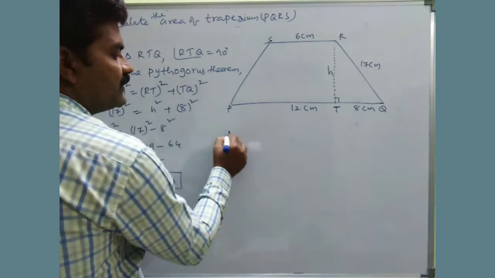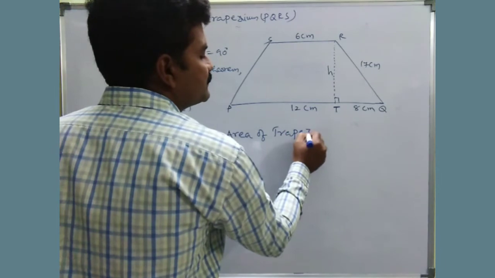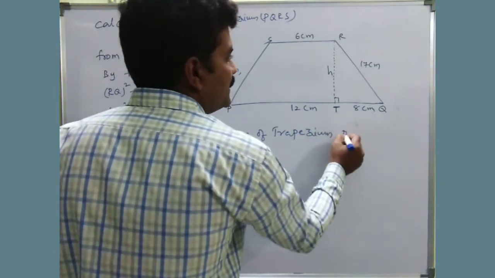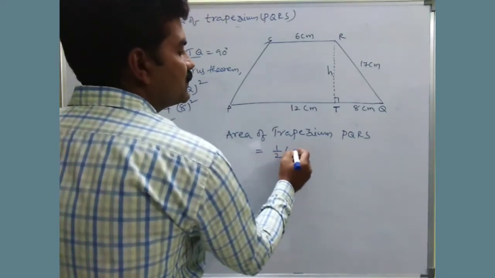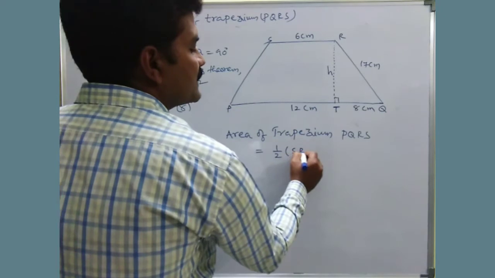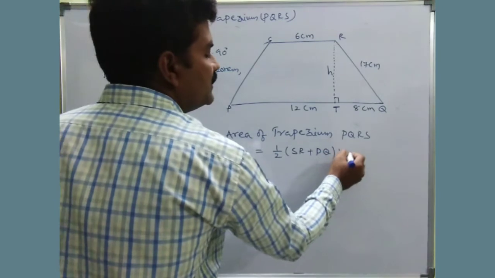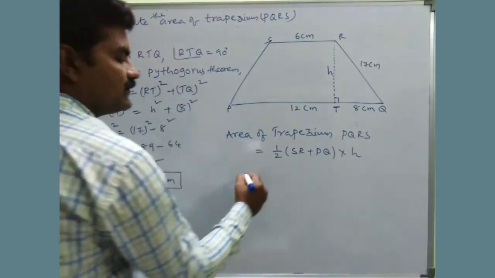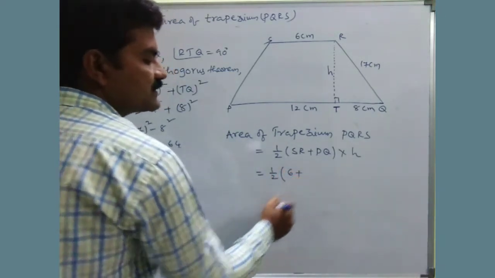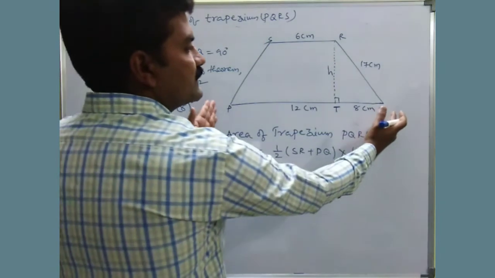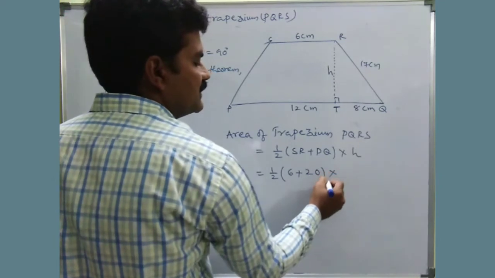So hence you can go directly for the area of trapezium PQRS, which is equal to half into the sum of the parallel sides SR plus PQ, into height. So which is equal to half of SR length 6 plus PQ length, see, 12 plus 8, 20 into height.